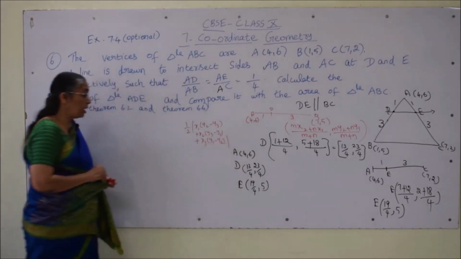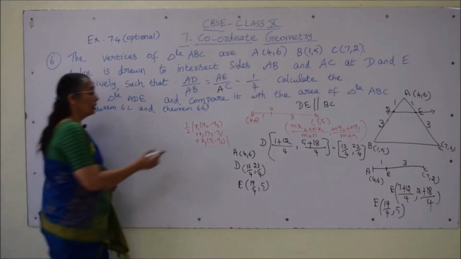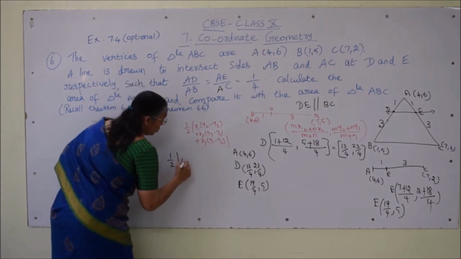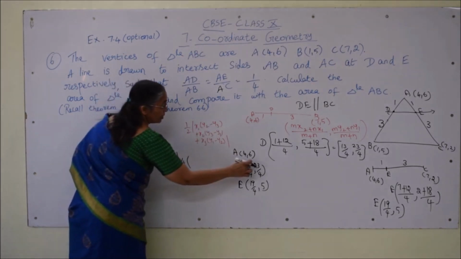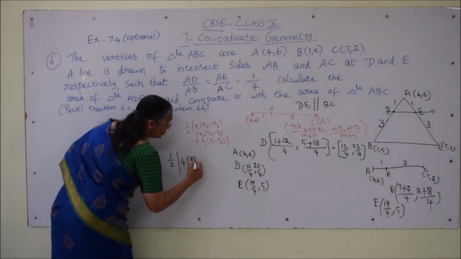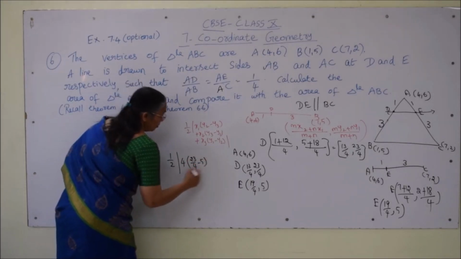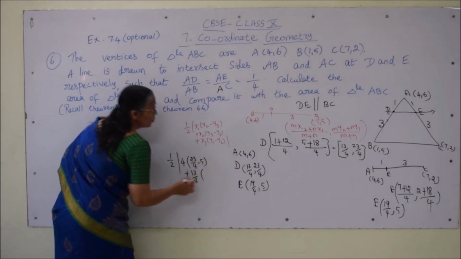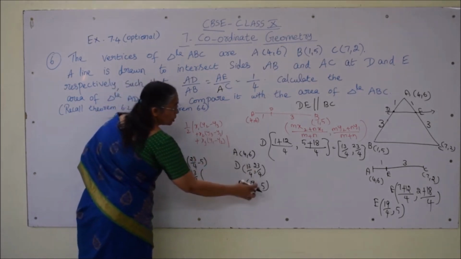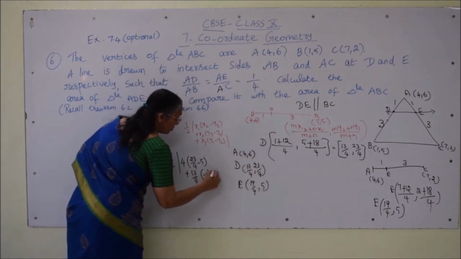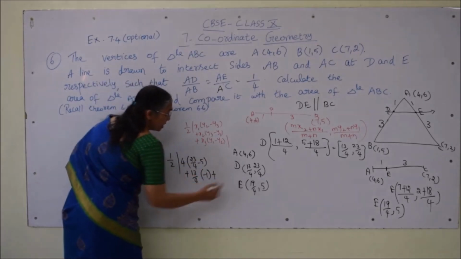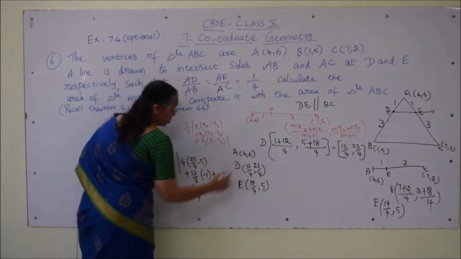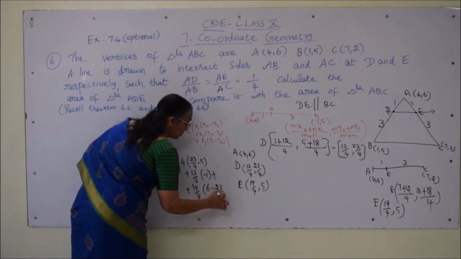So using this formula, let us find first area of triangle ADE, which is half mod x1, 4 times of y2 minus y3, 23 by 4 minus 5, plus x2, x2 is 13 by 4 of y3 minus y1, this is y3, 5 minus 6, minus 1, plus x3, x3 is 19 by 4 of y1 minus y2, 6 minus 23 by 4.